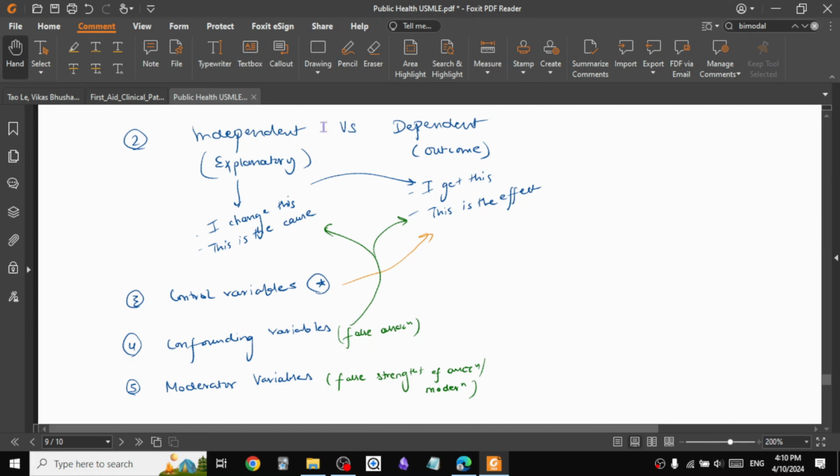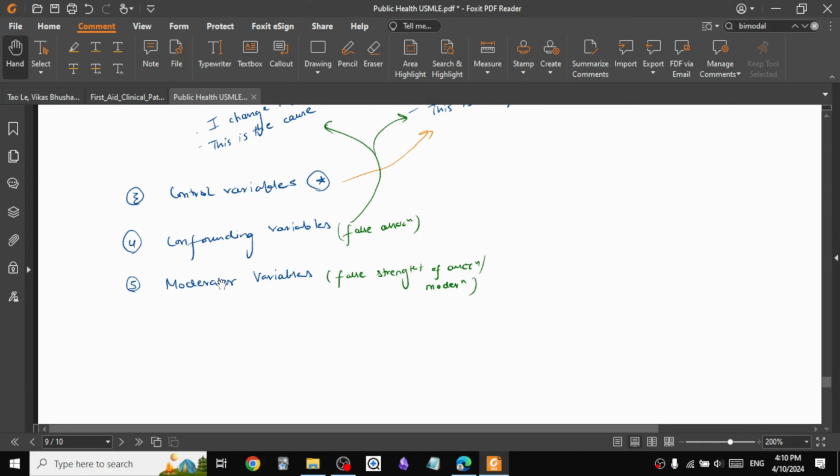Independent variable, dependent variable. And what can modulate the effect of these two? We have control variables. Control variables only affect the dependent variable, they affect the effect. Control variables are important when it comes to the dependent. Confounding variables, as I said before, affect both the cause and the effect.